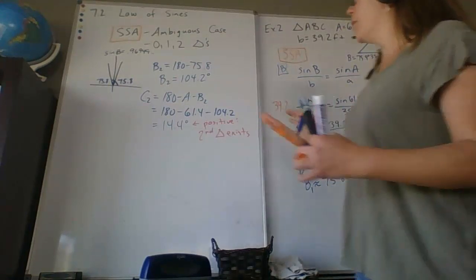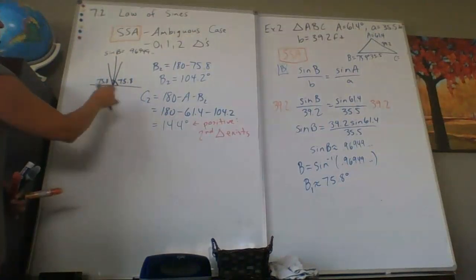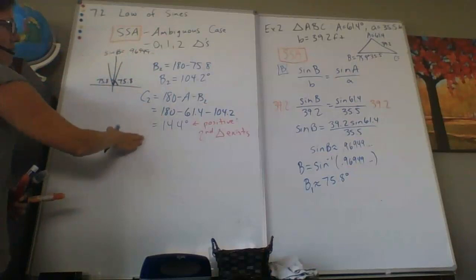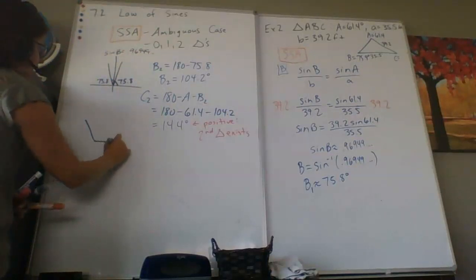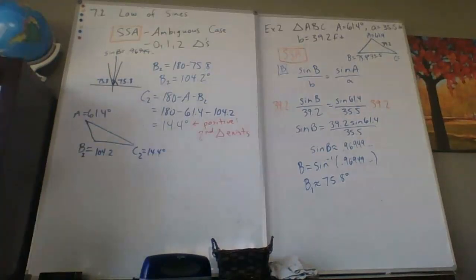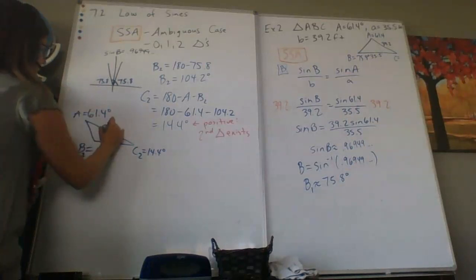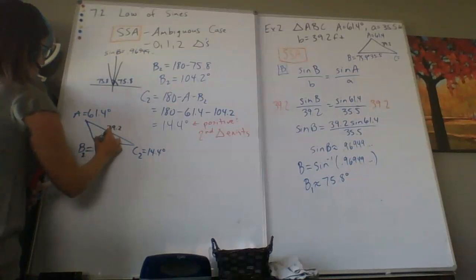When I go to pull over the other information into this, what's really important is we only take the given information and any of the calculations we made for this triangle, in this case B2 and C2. Given was that my b is 39.2 and my a was 35.5.